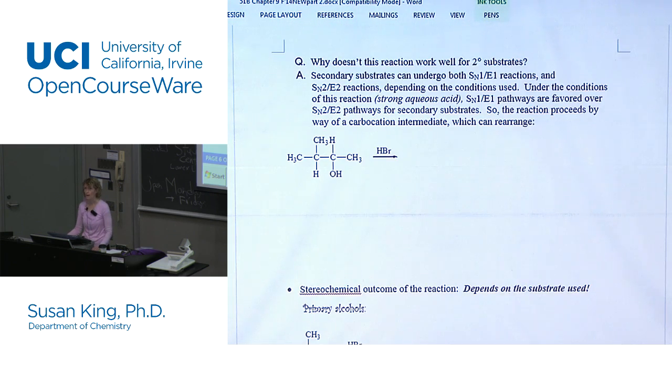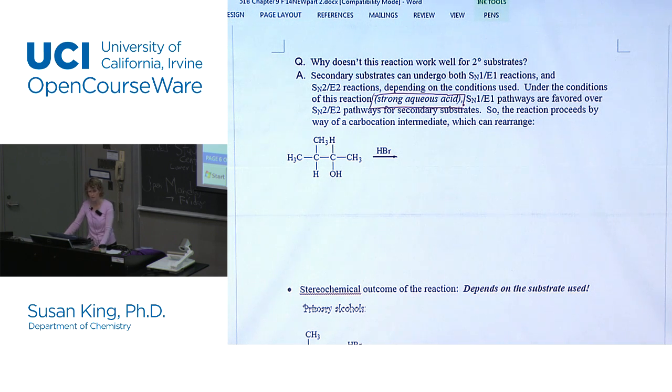Why is this? Why not secondary substrates? All right, so here's the reason, the long reason. Secondary substrates can undergo both SN1/E1 and SN2/E2 depending on the conditions used. Under the conditions of this reaction, strong aqueous acid, SN1, E1 pathways are favored over SN2, E2 pathways for secondary substrates.